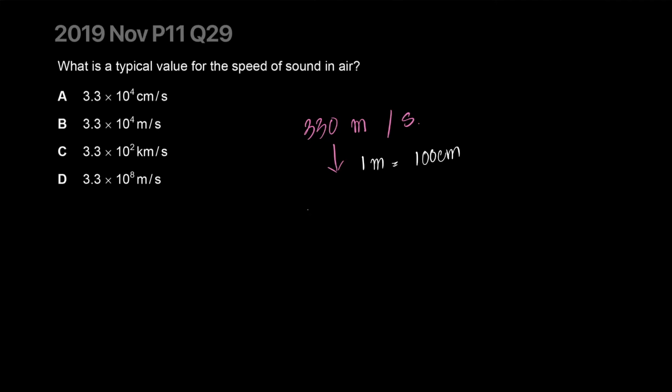So this should be 33000 centimeters per second. Converted into scientific notation, the decimal is here. I want to bring it 1, 2, 3, 4 digits to the left, so that's going to be 3.3 times 10 to the 4th centimeters per second.